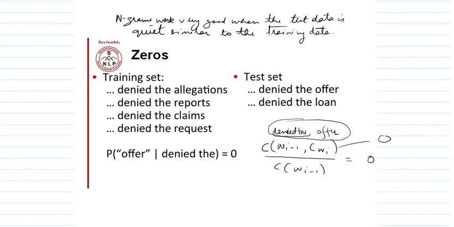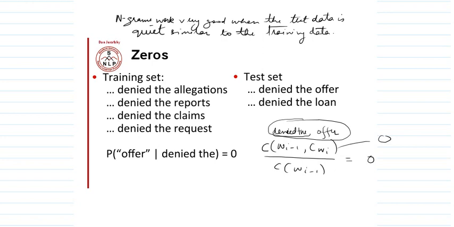So it works very well. If we are able to find the probability of denied the allegations, it will definitely give the probability, right? But if the test data is not very similar or not in line with the training data, then we would have this kind of problem, right?